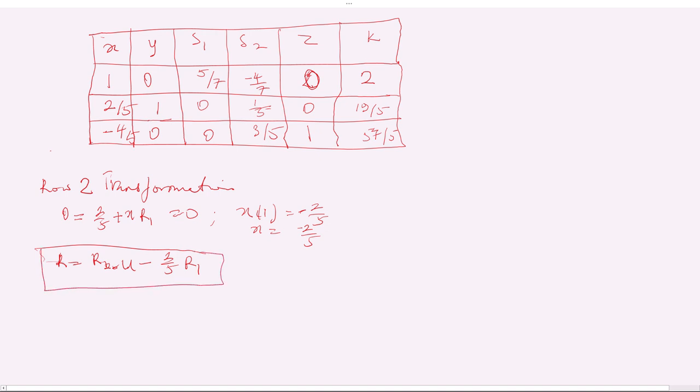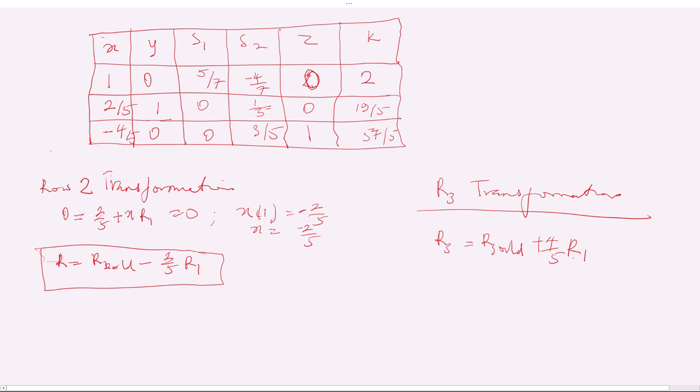And in a similar vein, the transformation for row 3 will be r3 equals r3 old plus, so this will be the relation.